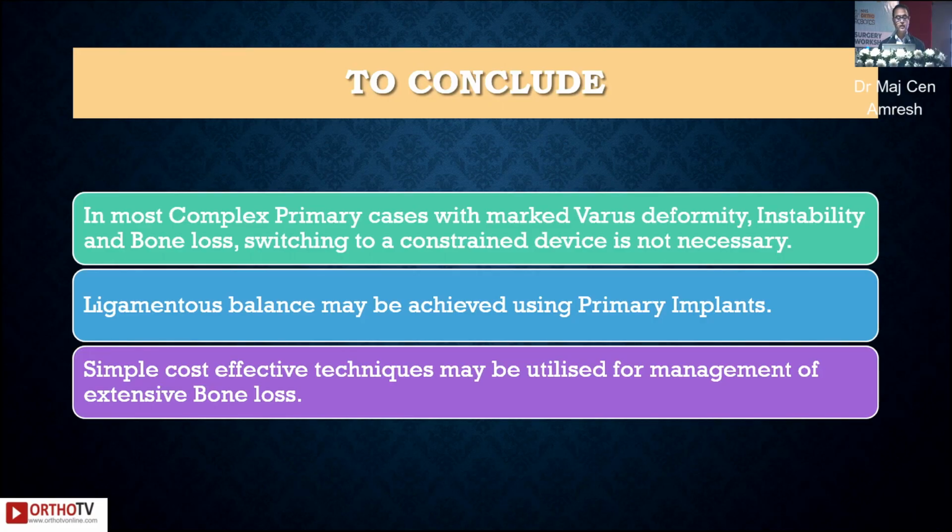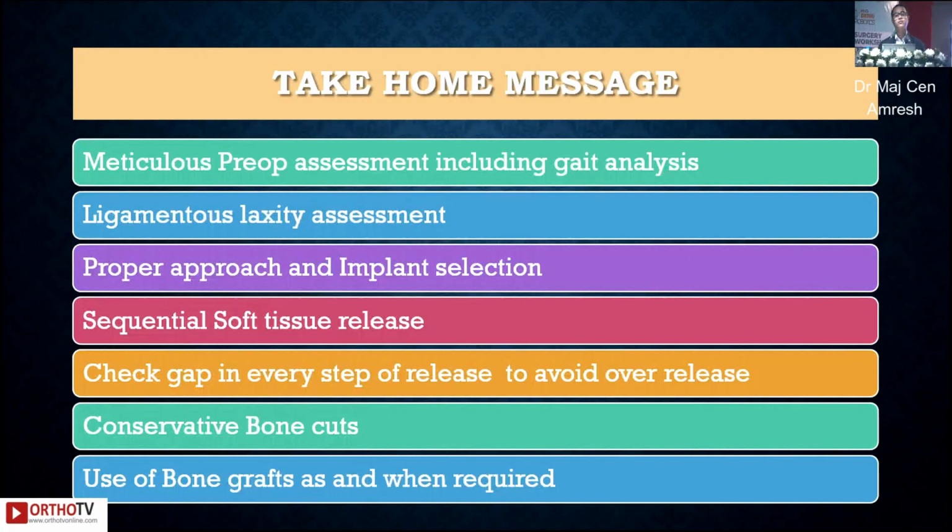So to conclude, in the most complex primary cases with marked varus deformity, instability and bone loss, switching to a constrained device is not always necessary, as you have seen in most of the cases that I have shown. Ligament balance may be achieved by using primary implants as well. Simple cost-effective techniques may be adopted for management of extensive bone loss.